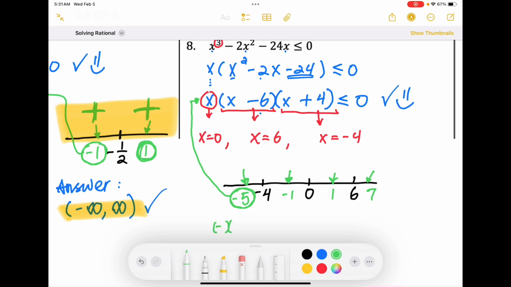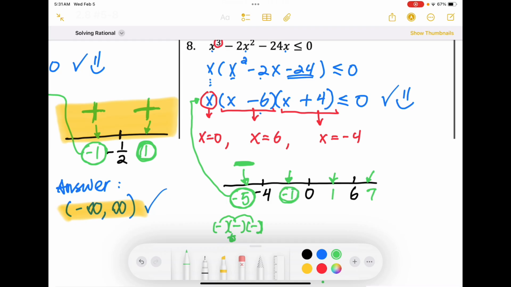So here we go. No calculator. -5 is a negative, times -5 minus 6, also a negative, and -5 plus 4, also negative. Negative times negative is positive. Positive times negative is negative as the outcome. So when I check it, it will be a negative outcome.